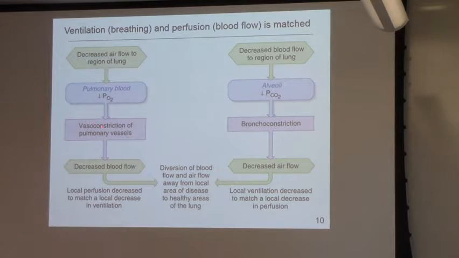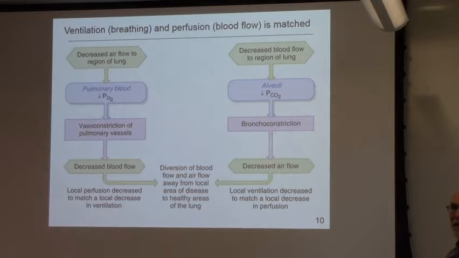Let's make sure we understand: what causes vasoconstriction, or what causes bronchoconstriction? What cell type are we talking about? Smooth muscle. Arteriolar smooth muscle, bronchiolar smooth muscle. Is calcium important in this story? Yes. Calcium, cross-bridge cycling, and so on.